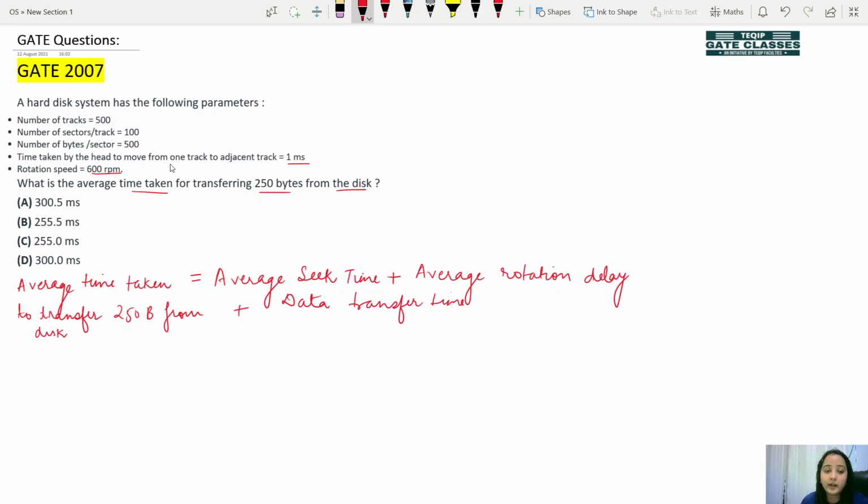Here controller time is not mentioned, so I am taking it as negligible, 0. So to calculate the average time taken, I have to calculate the average seek time, average rotational delay, and data transfer time. Three terms I should know, only then I will be able to answer this question. So let me find out the average seek time.